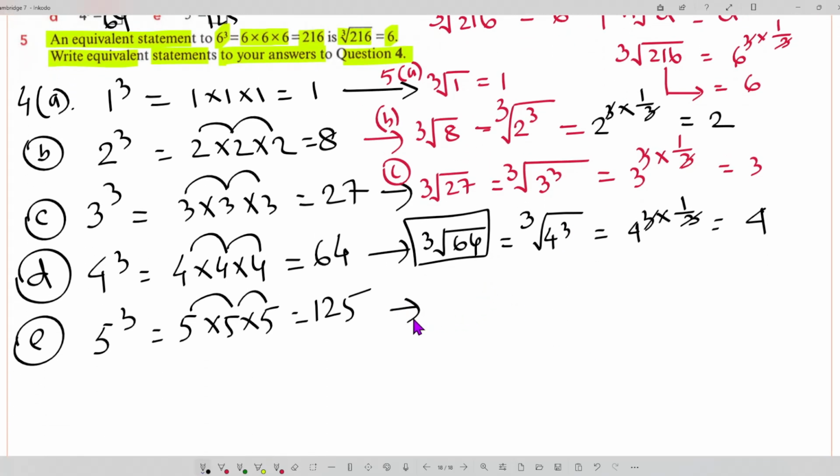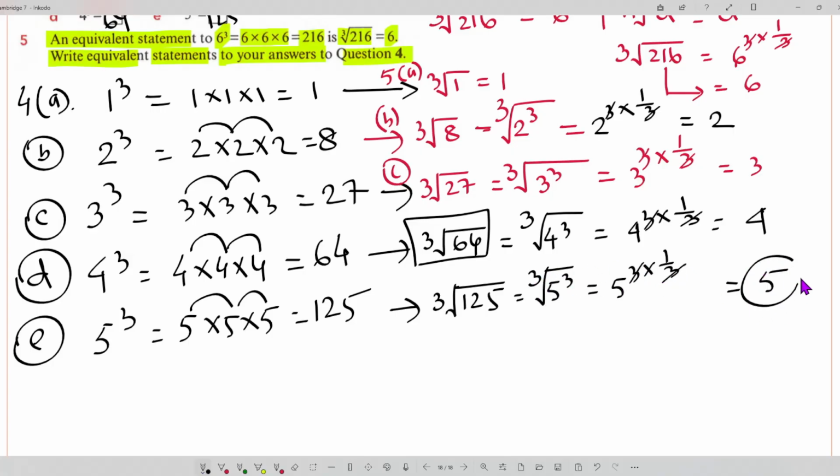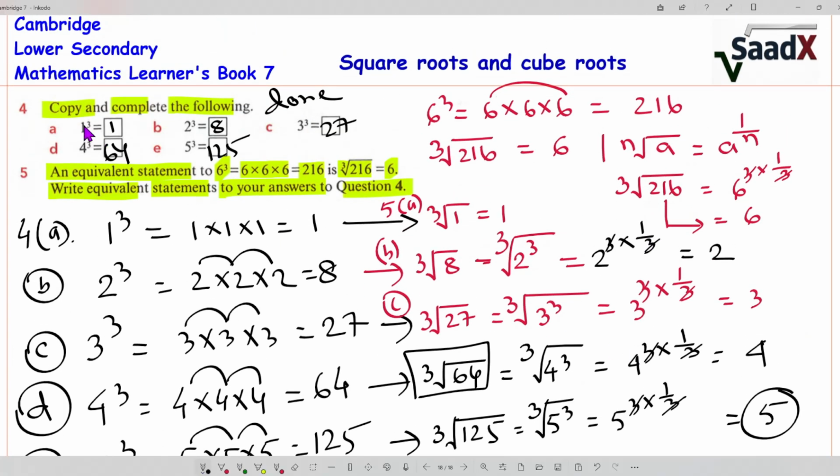Now look, the cubic root of 125, we know the result will be 5, but how? So 125 we can write as 5 cubed, and here is the cubic root, and now 5 to the power 3 times, against cubic root it will be 1 by 3, so 3 and 3 cancel out, the answer is 5. Okay, so number 4 and 5 complete.